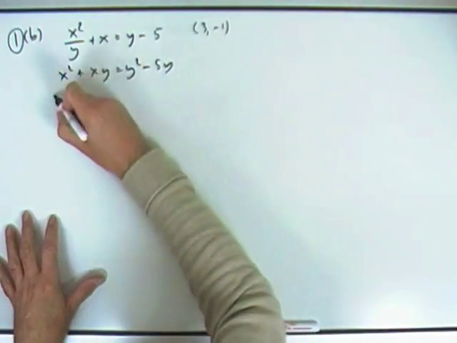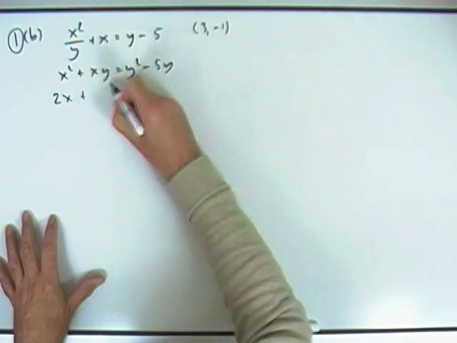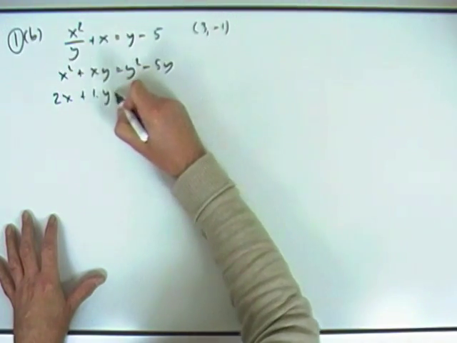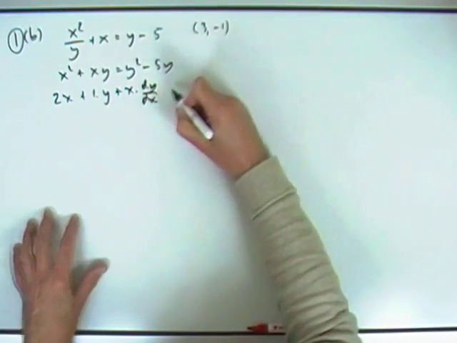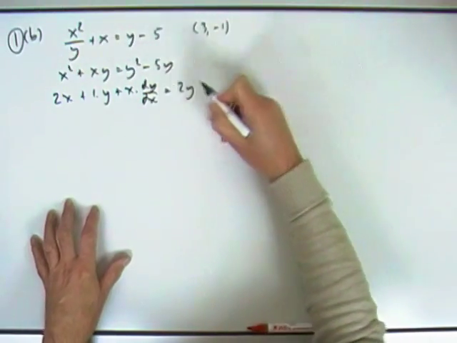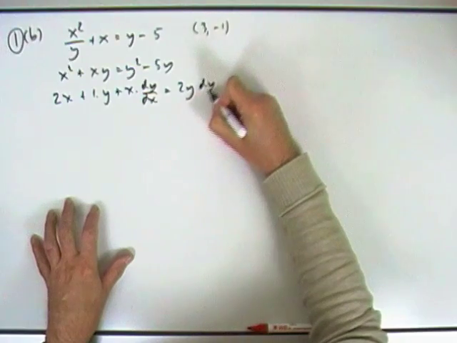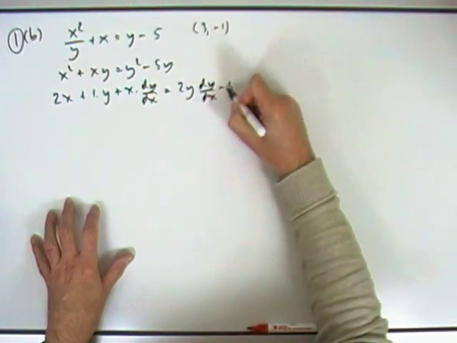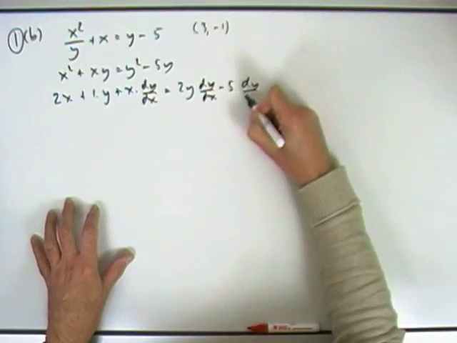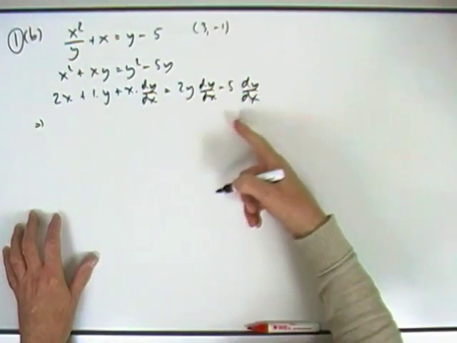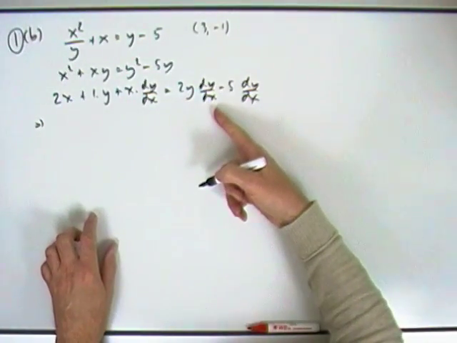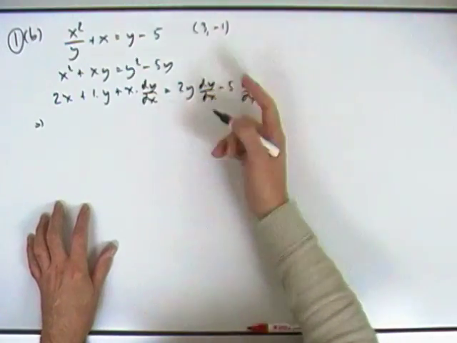Right, differentiating that. So it'll be 2x plus, now here's a wee product, 1 times y, and then x times dy by dx, equals 2y, it's a function of a function, times dy by dx, minus 5 times dy by dx. Right, gathering that lot up, probably need to have taken that to this side and then writing it over there.